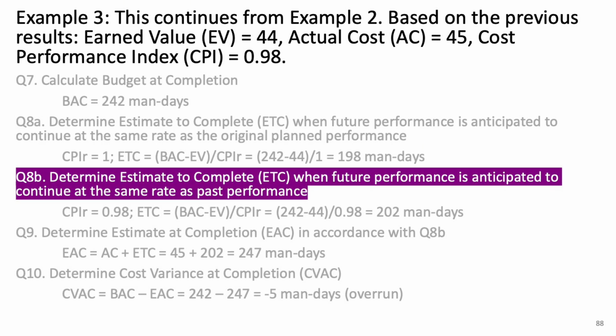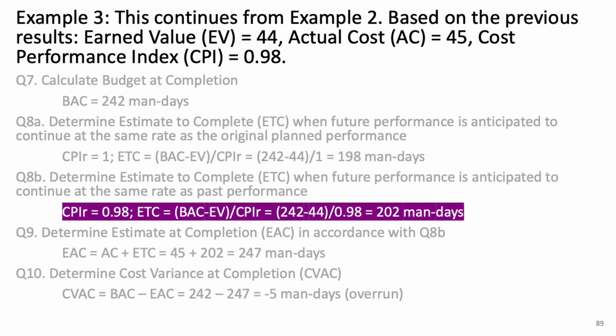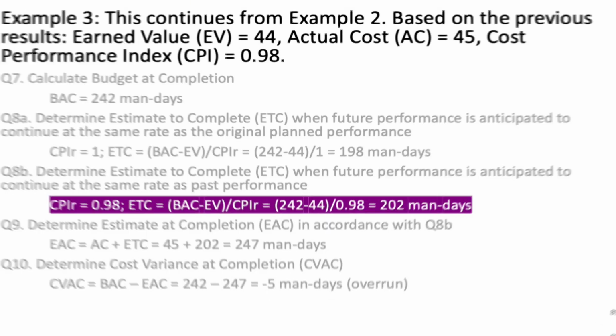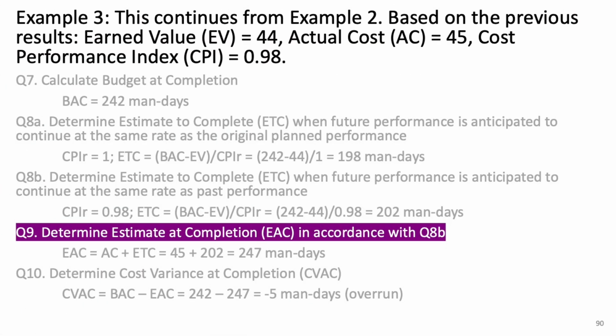In the second scenario, we assume that future performance will continue at the same rate as past performance. Here, we use the actual CPI of the completed work we calculated earlier, which is 0.98. So to calculate the ETC in this case, we do 242 minus 44 divided by 0.98, and that gives us 202 man-days as the estimate to complete. Now that we have the ETC, let's move on to the estimate at completion, EAC.